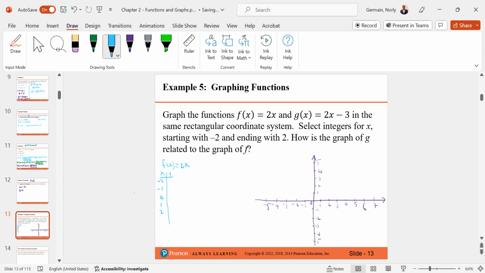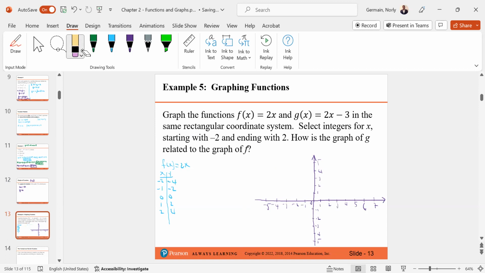Now, let's try. If you plug x equals -2 into the function, you have f of -2. So 2 times -2 gives you -4. 2 times -1 is -2. 2 times 0 is 0. 2 times 1 is 2. 2 times 2 is 4. You see? No first component gives you 2 different second components, right?